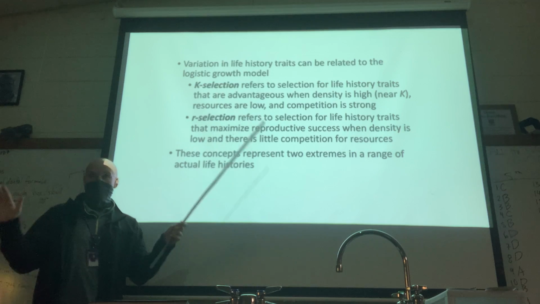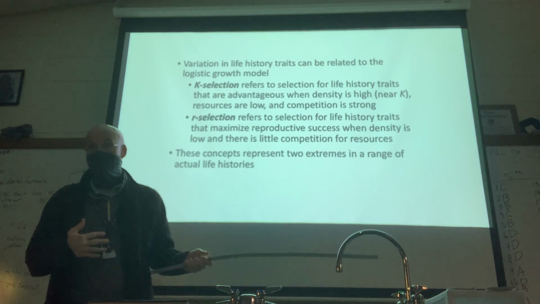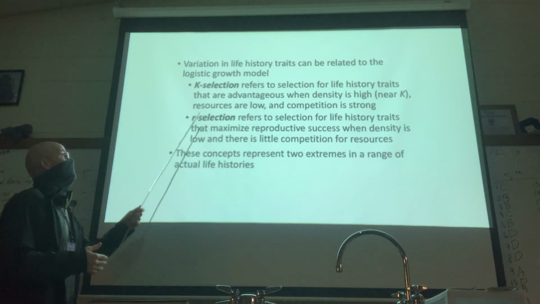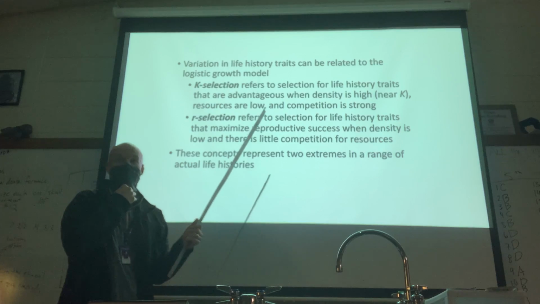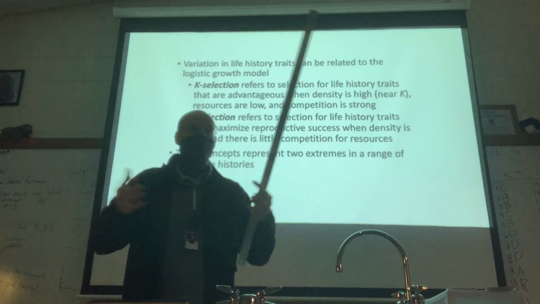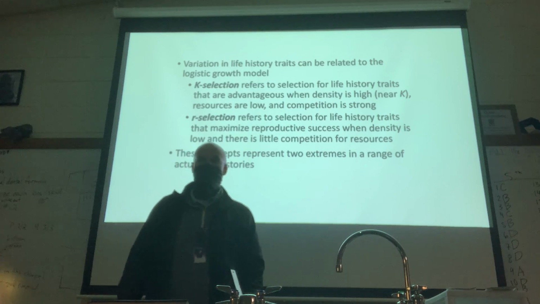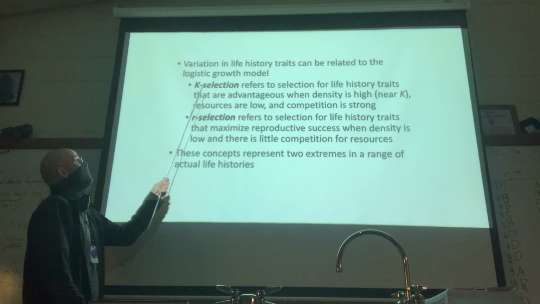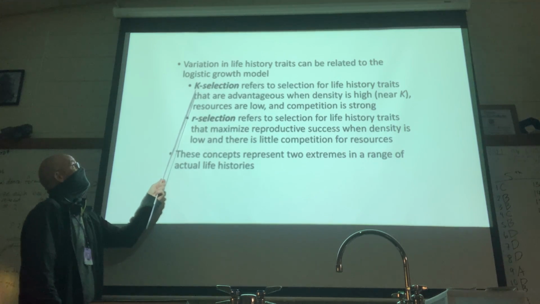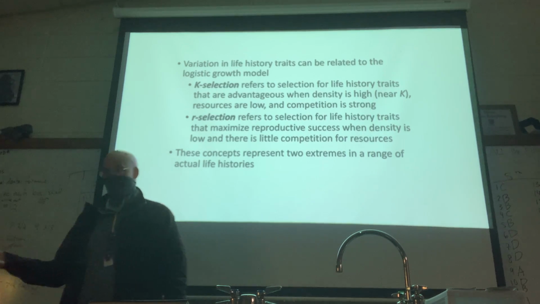Humans are much more K-selective. Elephants, probably more so than humans. Whereas a lot of insects go for this R-selective strategy where they just have hundreds of offspring and 1% are expected to actually make it to adulthood. It's kind of a quality over quantity approach.